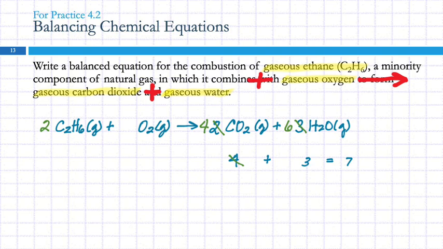Now I have 8 oxygens in the carbon dioxide and 6 oxygens in the water, and that adds up to 14, which is a conveniently even number. So if these are coming in pairs, I need 7 pairs to get 14 shoes, or 14 mittens, or 14 oxygen atoms. So 7. Any questions?